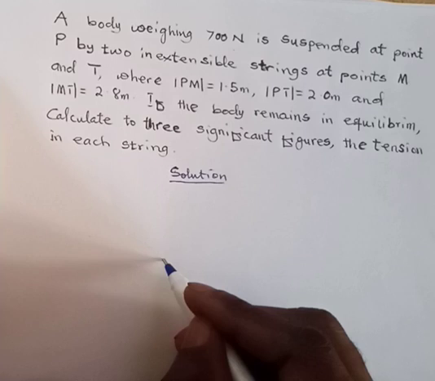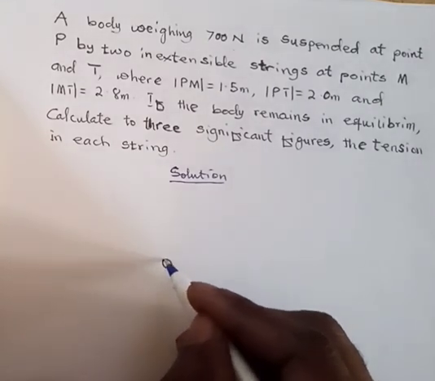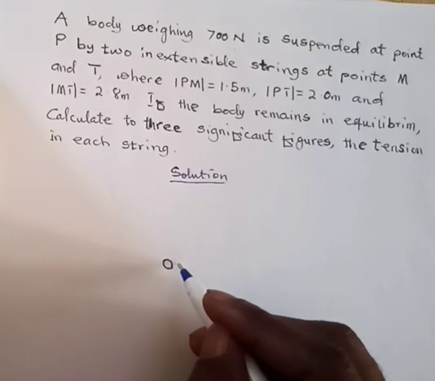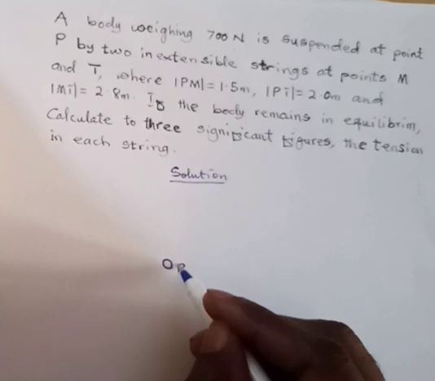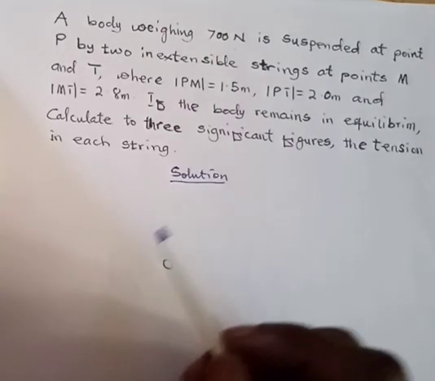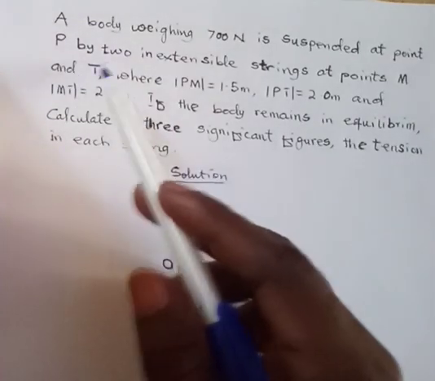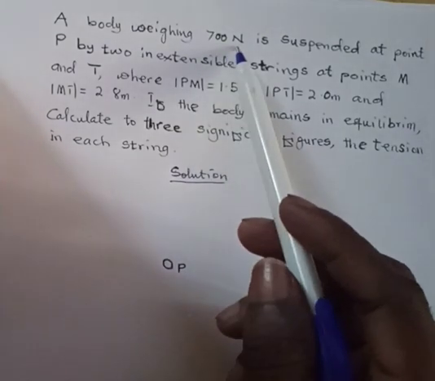Let me begin. We have this point P here. So let's say this is point P. Let me indicate here P. And we are saying that it is suspended at point P, but the body is weighing 700 Newton.